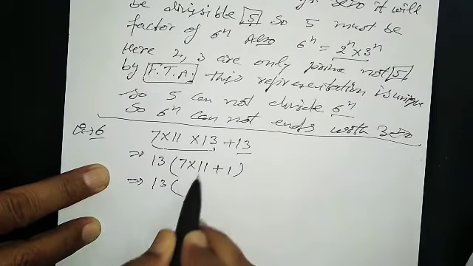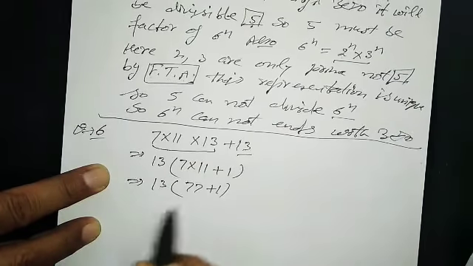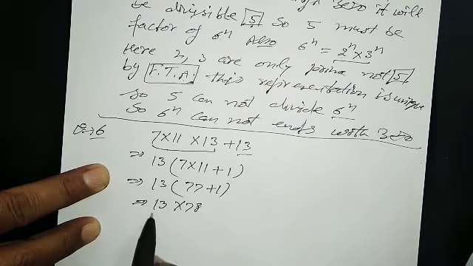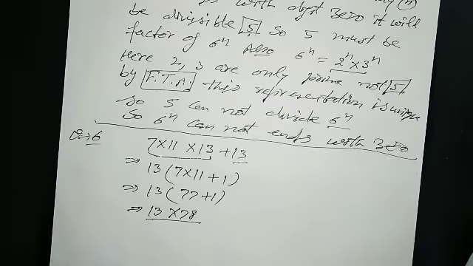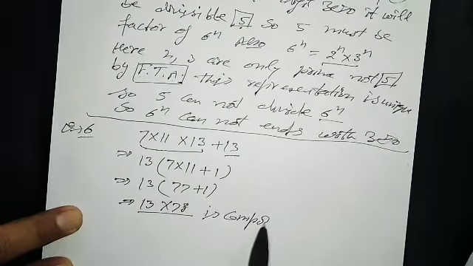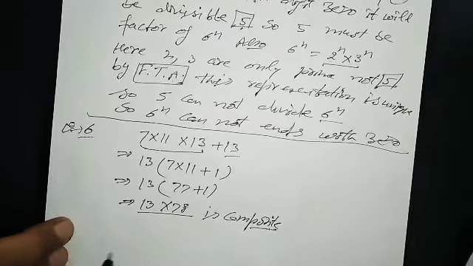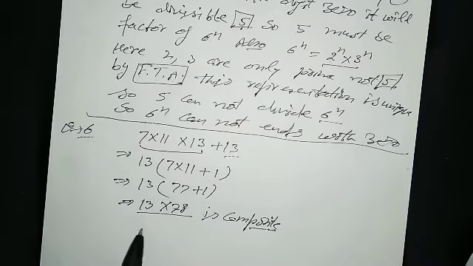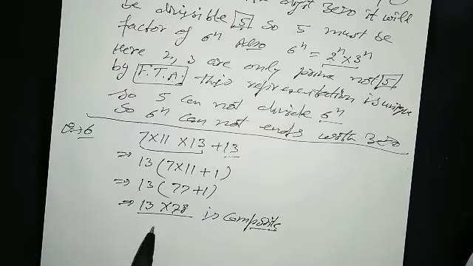You will get 13 into (77 plus 1), which is 13 into 78. So it is composite. Why? Because it is a product of two factors other than 1. So it is composite, not prime.